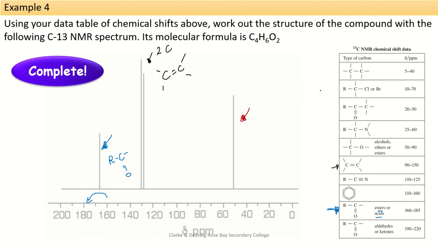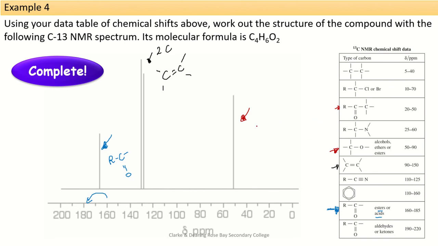So from 40 to 60, we can see that it could be this group here, or it can be this group that we have going here. So obviously work it out from there.